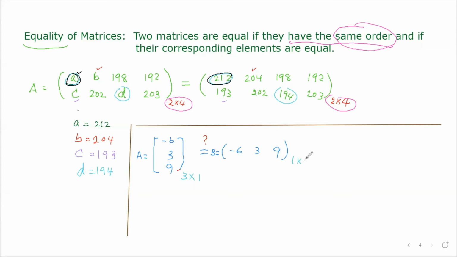So matrix A has order 3 by 1, and this one is 1 by 3. This one has a different order.